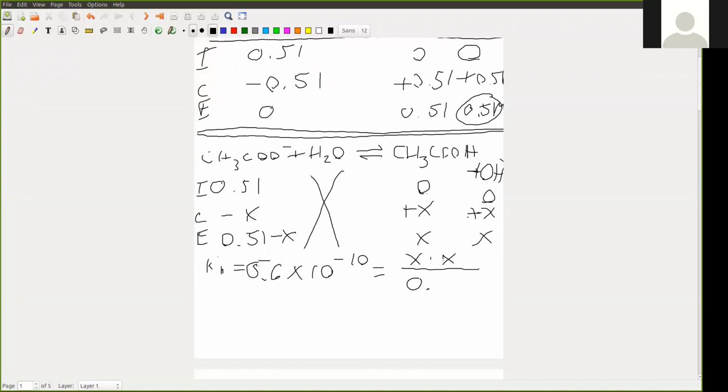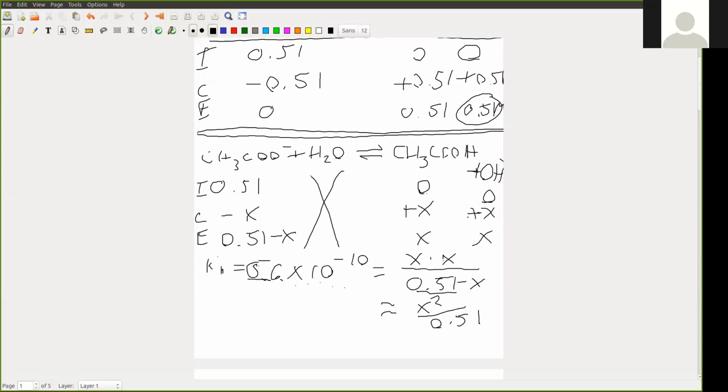So we can put a 0.51 minus X. The thing to recognize is that with such a very small value for our Kb, we can approximate this as X squared over 0.51. And that makes our calculations a lot easier.